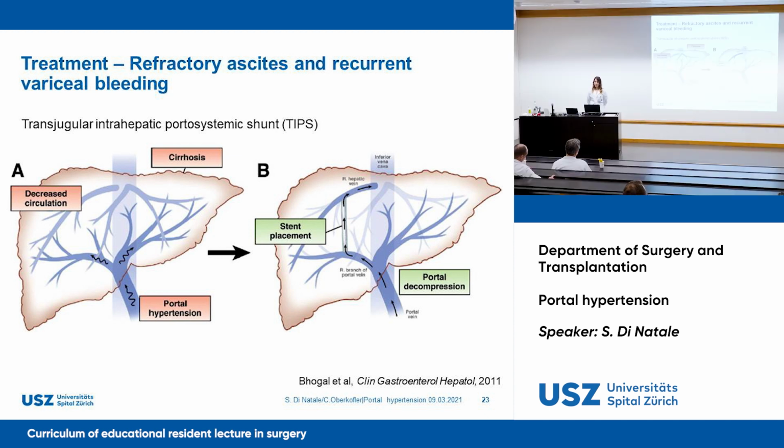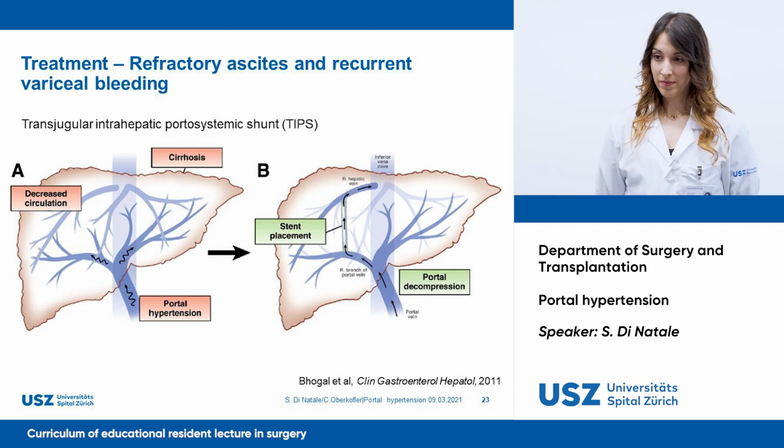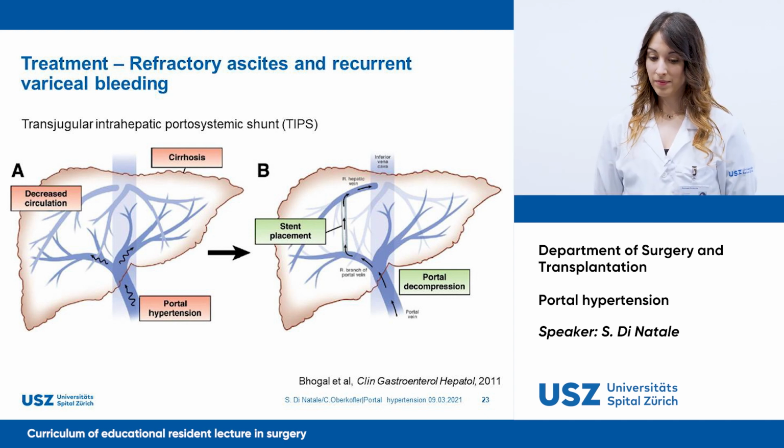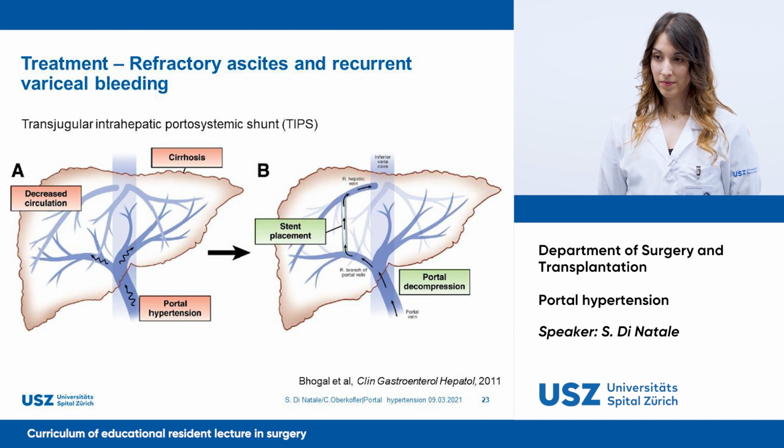So I think TIPS moved a little bit ahead. It's used earlier than it was in the past, and this has had a big impact on the outcome of variceal bleeding. And then for ascites, if you have a lot of paracentesis, it's an excellent option. I like it especially for hydrothorax, because hydrothorax is a difficult situation.